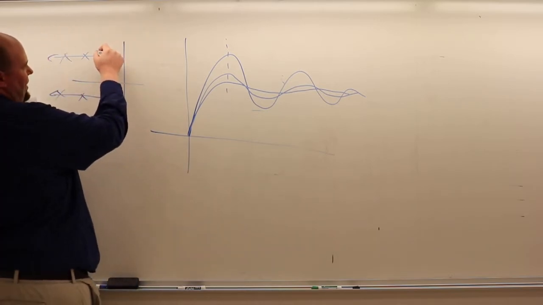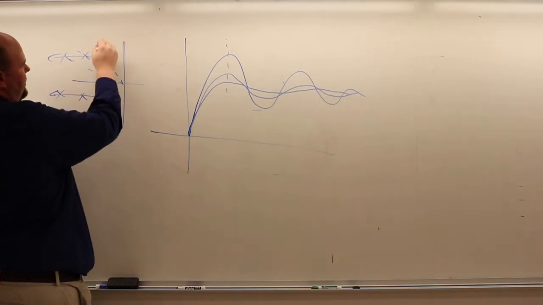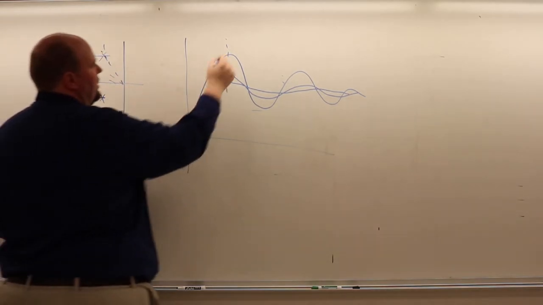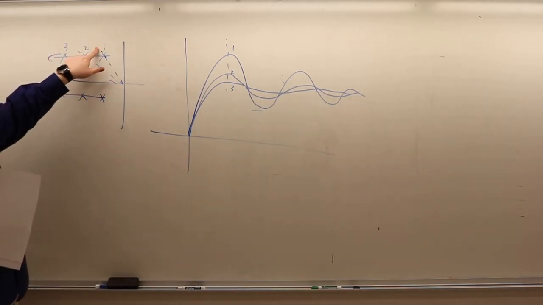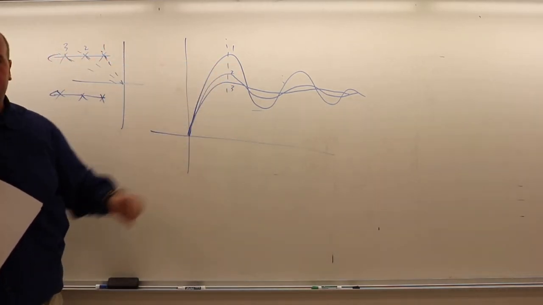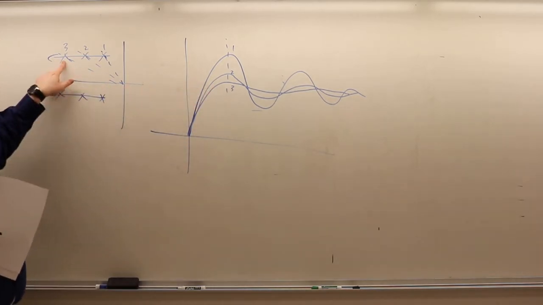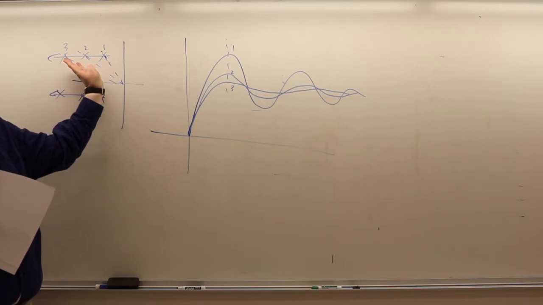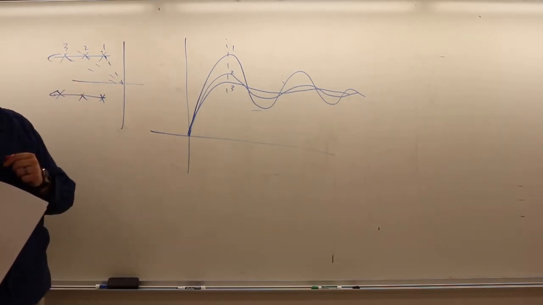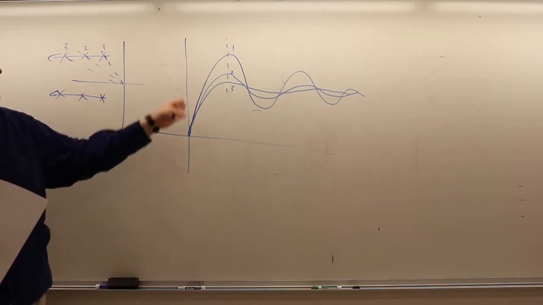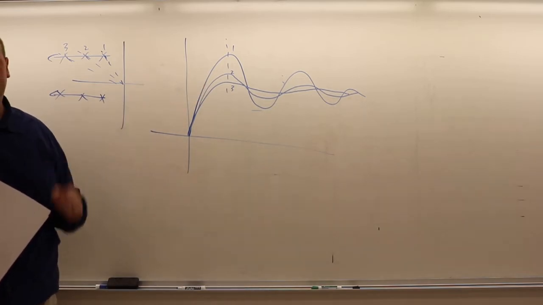This one overshoots more than this one, and this one. If we do 1, 2, 3, this one overshoots more, and 1 also takes longer to settle. 3 overshoots the least, and 3 also, because it's further this way, has the shortest settling time. But again, the time to peak is going to be the same for all 3 of these. They all have that same frequency.